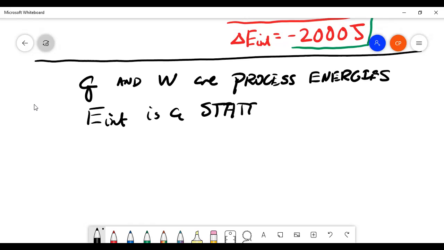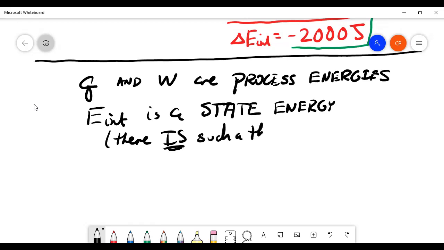Internal energy is a state energy. State energies can have initial and final values.